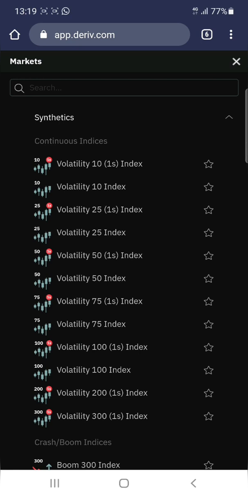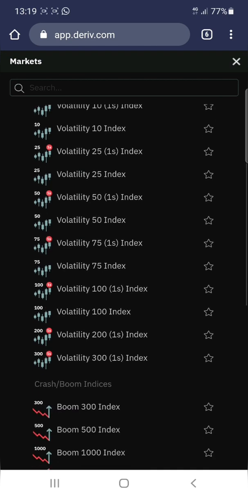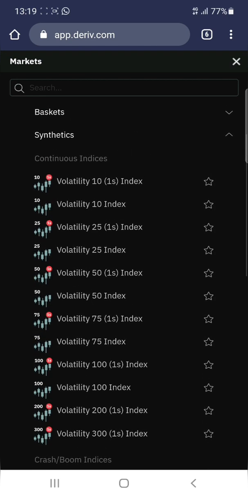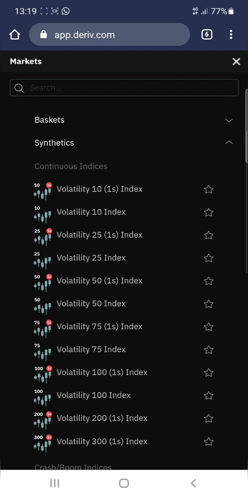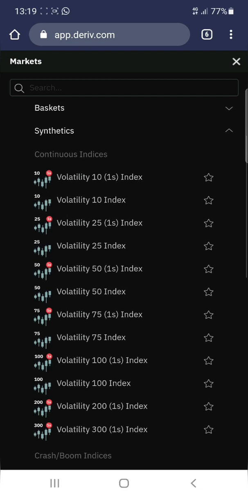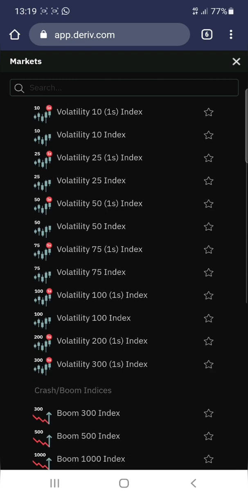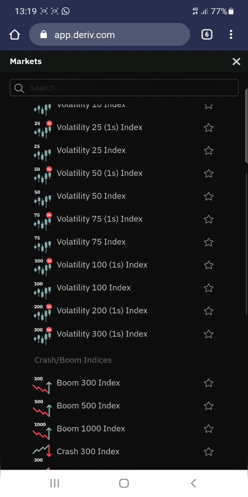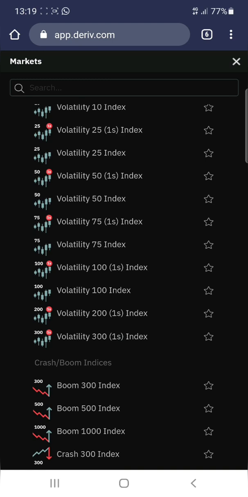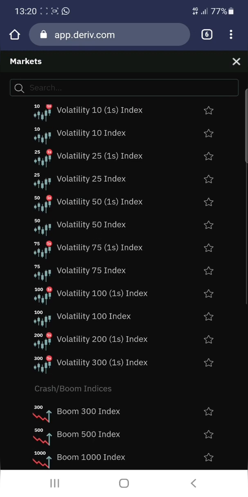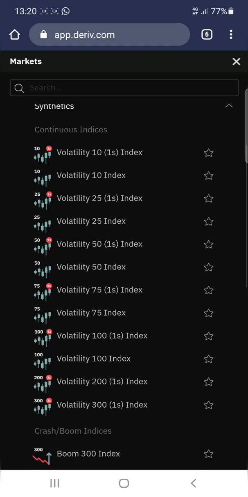The volatility index is also called the fear index. It's mostly based on stocks, the S&P 500 stocks. The 10 index shows the volatility for the next 10 days period, and the volatility 100 for the next 100 period, same as the 75, the 50, it's all the same thing. The 1s version of the 10 index is a little bit faster than the volatility 10 index.